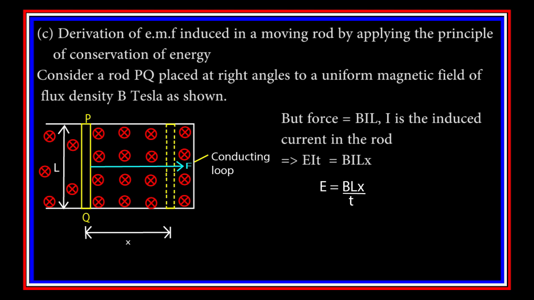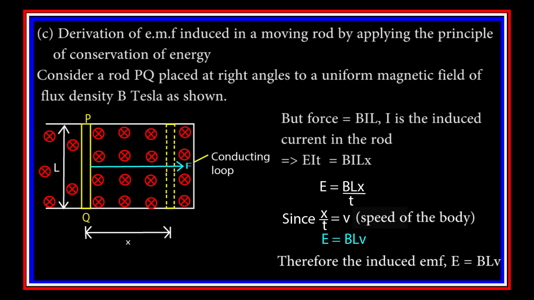E is equal to BL x over t. Since x over t is equal to V, the speed of the body, then E is equal to BLV. Therefore, the formula for induced e.m.f. in a moving rod across a magnetic field is BLV.